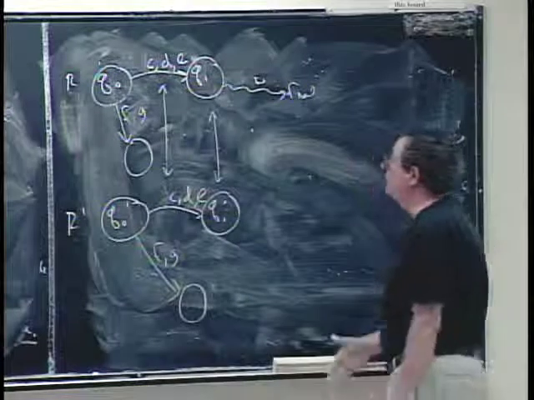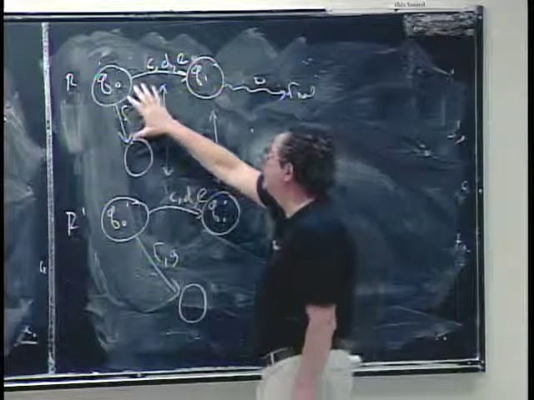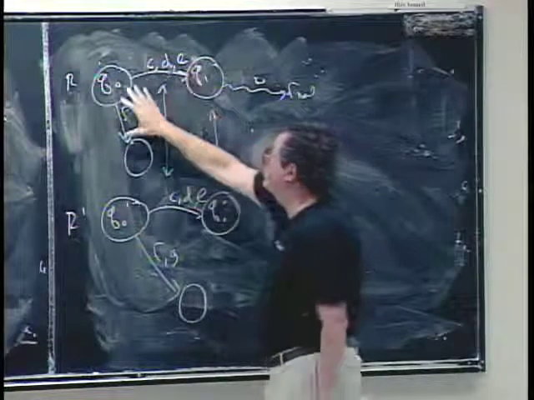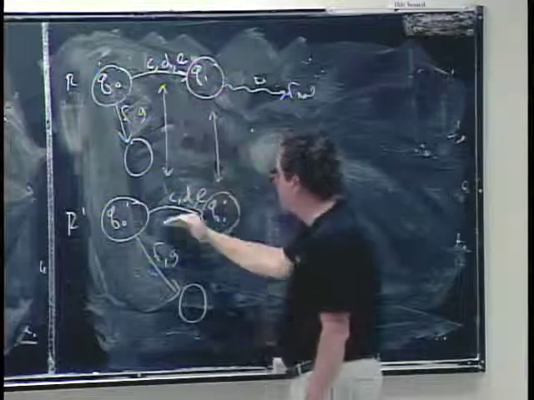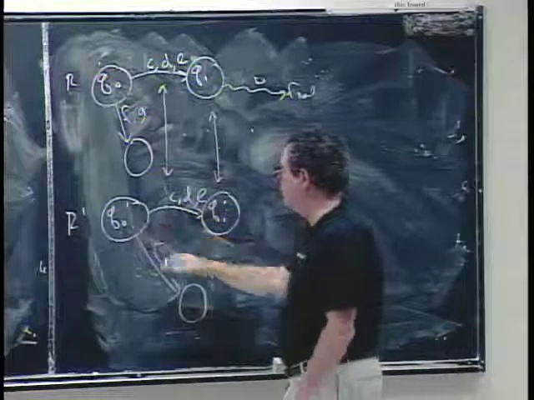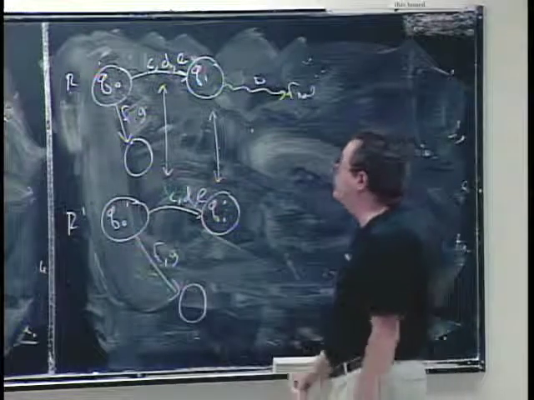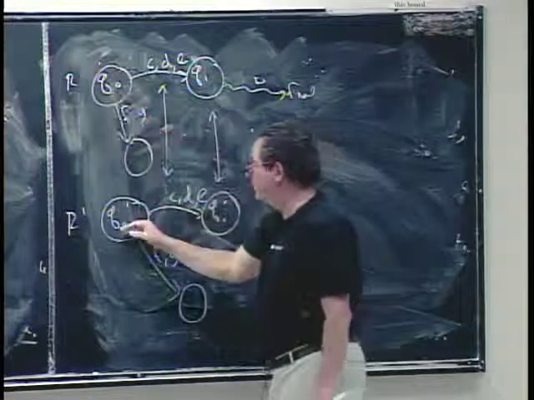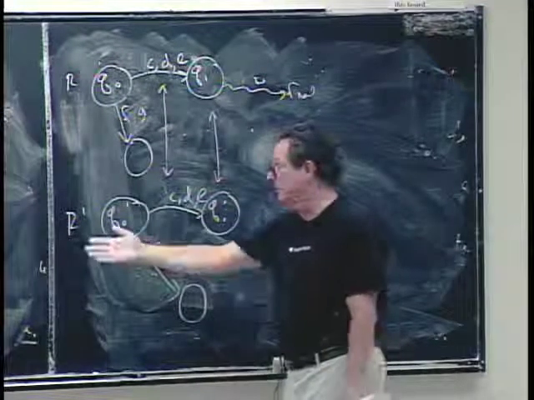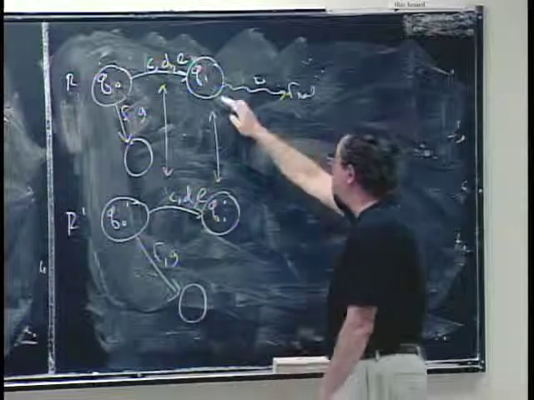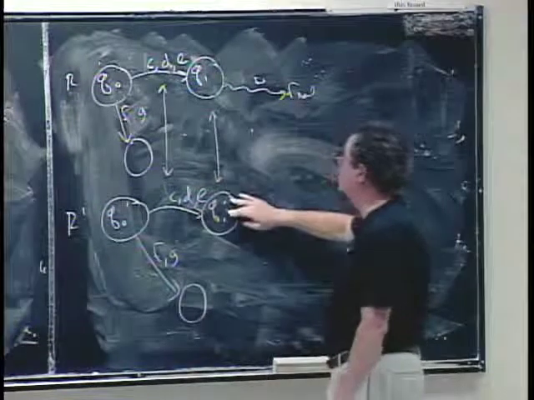Now, all we needed in order to establish that out of Q0, the edges and the labels on them were the same as what we have out of Q0 prime, well, all we needed from that was that Q0 and Q0 prime were indistinguishable, which we proved at the beginning of our proof. But now we have these two guys that are indistinguishable.